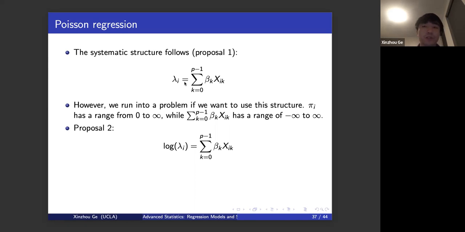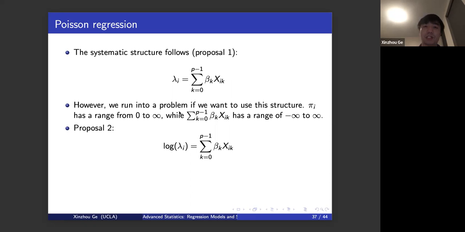Intuitively, we want to use this linear combination to describe lambda i. However, similar to our previous problem in logistic regression, the parameter lambda for the Poisson distribution should be non-negative, while this linear combination can take values from negative infinity to positive infinity.